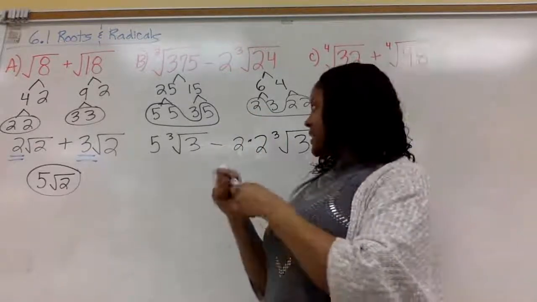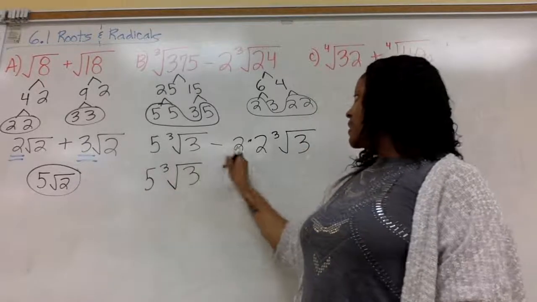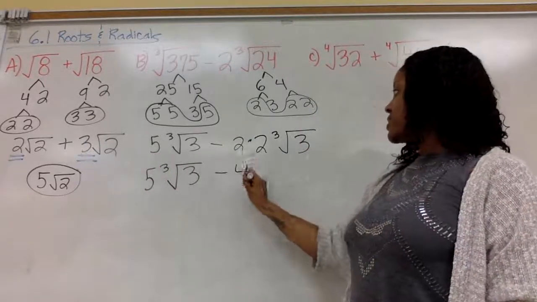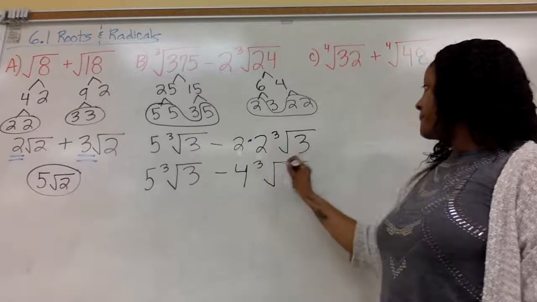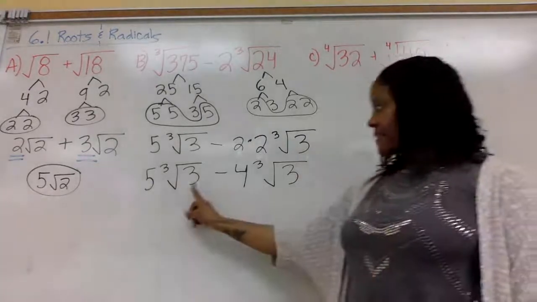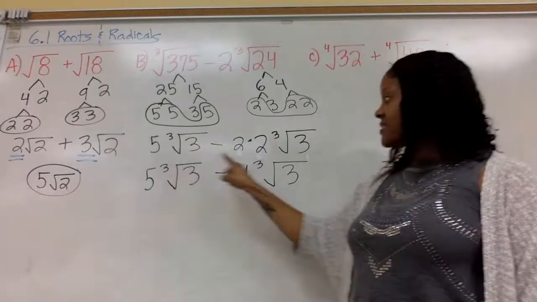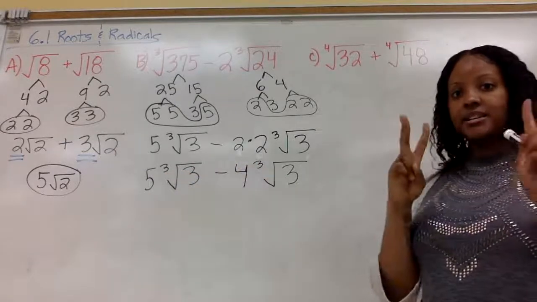All right, I'm going to bring this side straight down because I can't do anything with it just yet. 2 times 2, that's going to be 4. Now we are in business, and they are like terms. They both have the same number underneath the radical, and they both have the same index, so they are like terms.